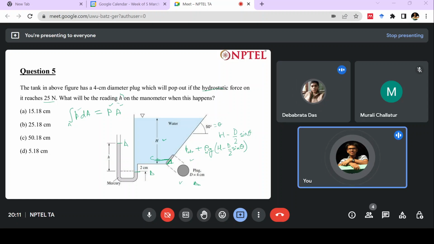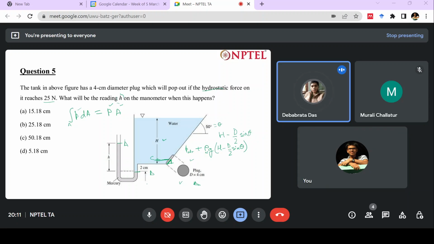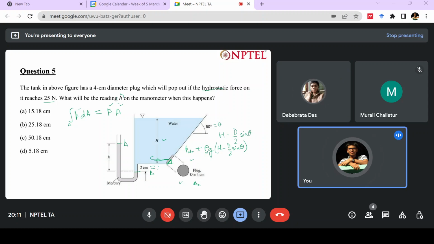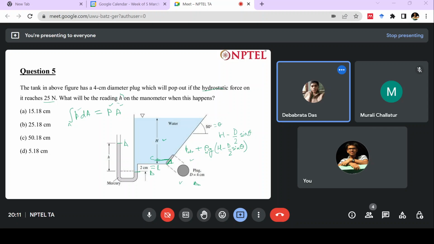What about the pressure at B? Let me take this as small l, just for notation purposes.